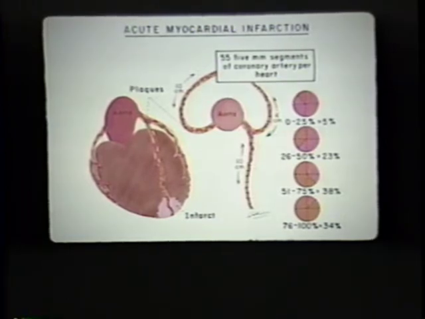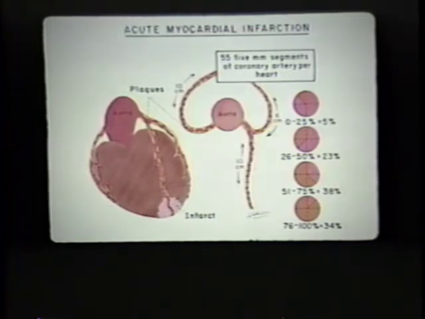Now, this is some data collected in a group of patients with acute myocardial infarction, which was fatal. And what was done at necropsy, these 4 major coronary arteries were taken off the heart intact, and they were divided into little bitty 5-millimeter segments. And a histologic section was prepared from each 5-millimeter segment. Now, that averaged about 55 per patient.